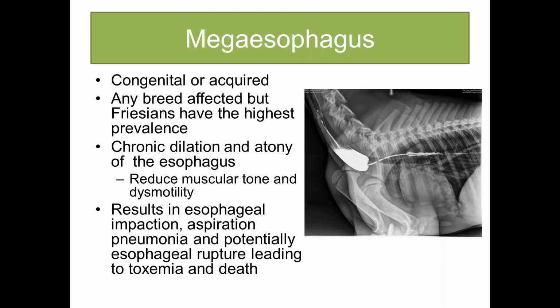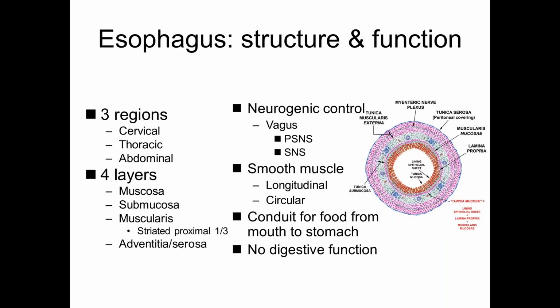It has four layers, like a typical tubular intestinal structure. In the distal part, the part in the thorax and into the stomach, it's very much smooth muscle, and there are two main types: longitudinal and circular. It's under typical autonomic control in terms of the nervous system. It has no digestive function per se; it's really just a conduit for food from the mouth to the stomach.